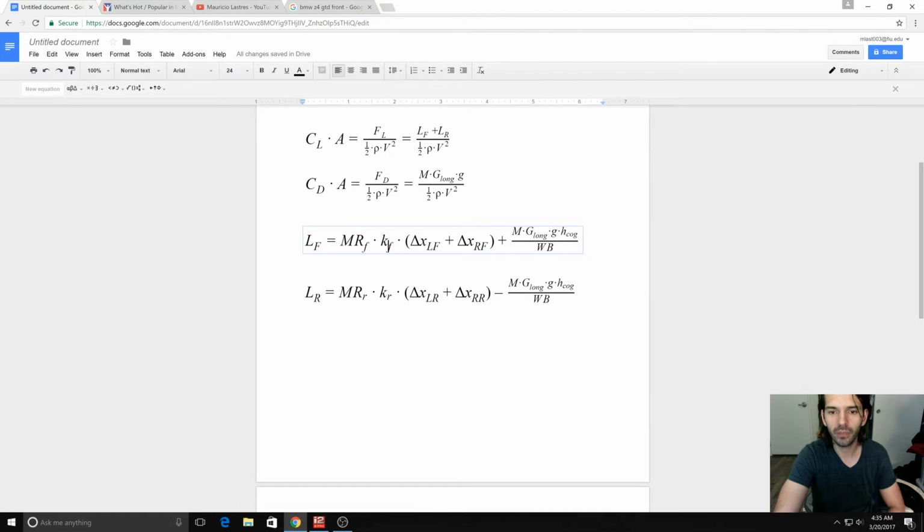And then this term right here is mass, G long, conversion factor, the height of the center of gravity, divided by the wheelbase. These two equations will give you the load on the front tires and the load on the rear tires.